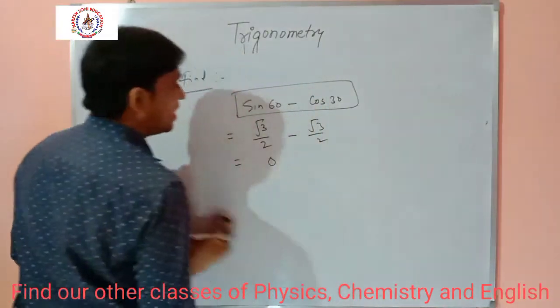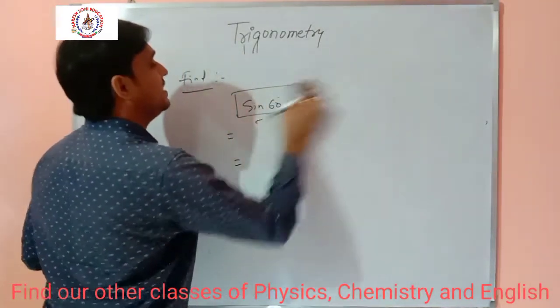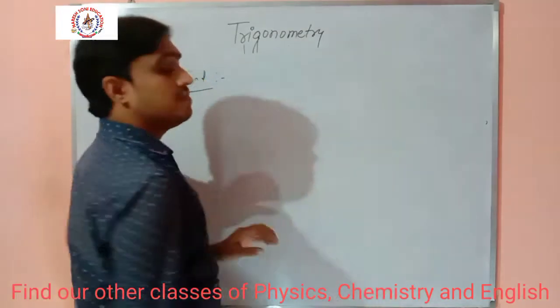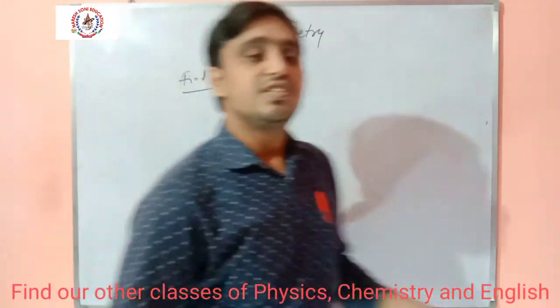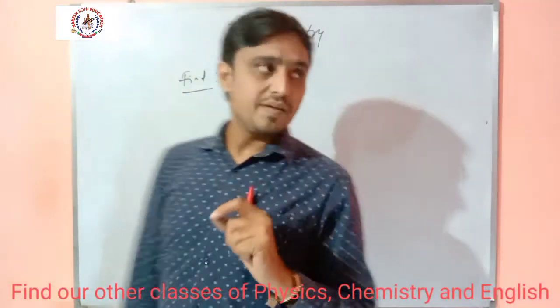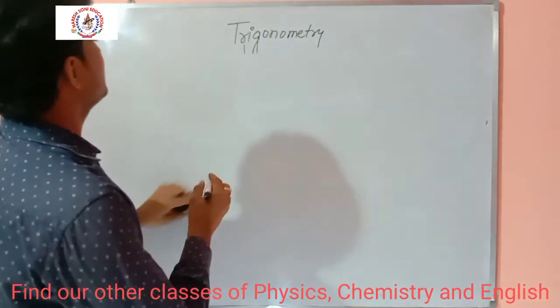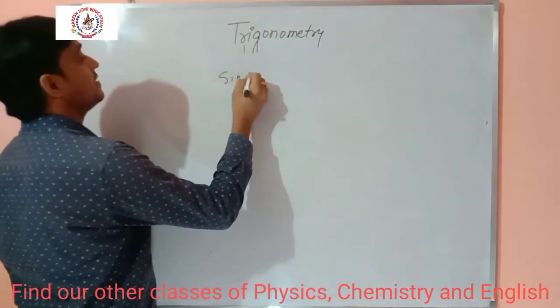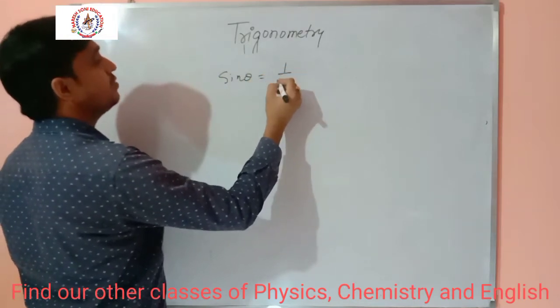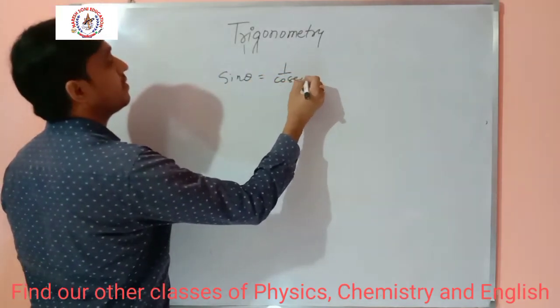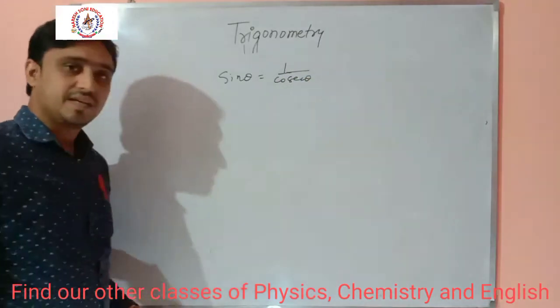Now we can say some other trigonometric identities. Okay. Trigonometric identities like sin theta is equal to 1 upon cosec theta.